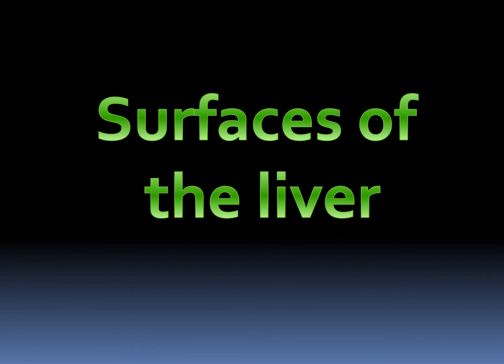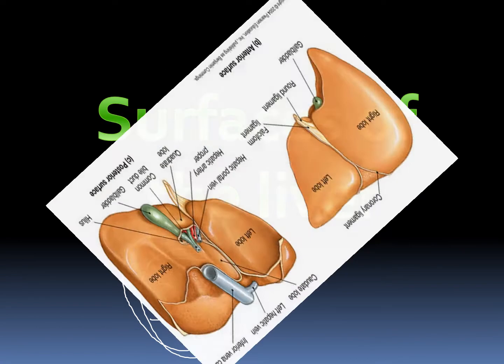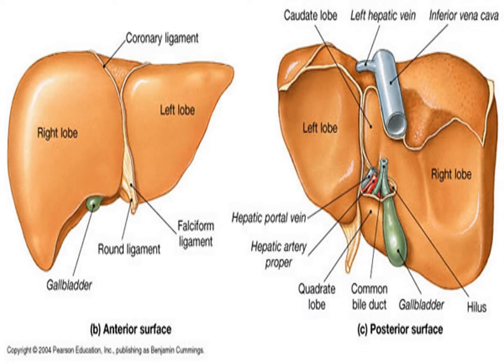Surfaces of the liver is a very important point that you must keep in mind, and there are 5 surfaces of liver, which we will see one by one now. In one diagram only we can understand all the 5 surfaces of the liver.